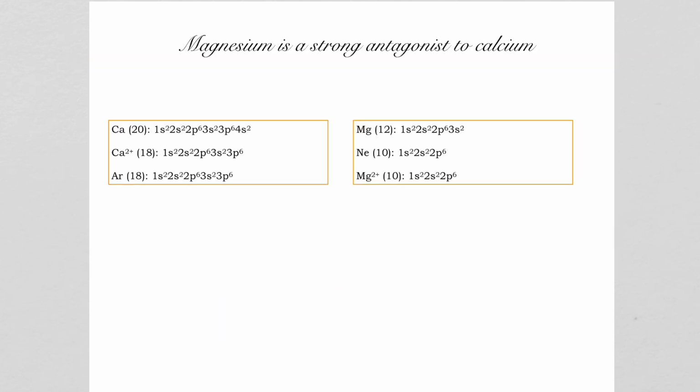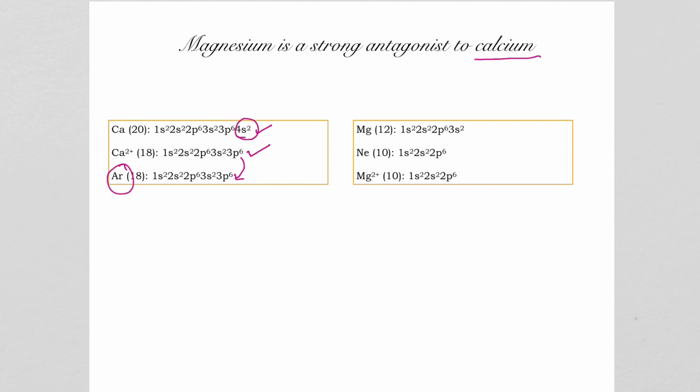So to understand the biology and physiology of magnesium, let's compare that to calcium. Here is calcium, here is calcium ion. By losing these two electrons, the calcium ion becomes like the royal family, the inert gases, what we call argon.